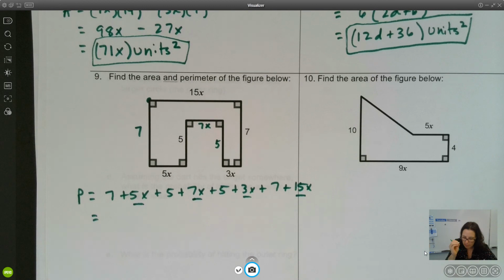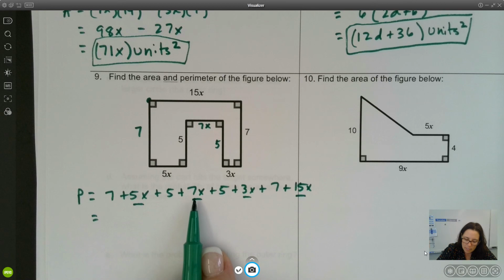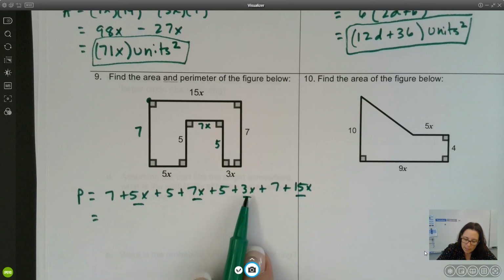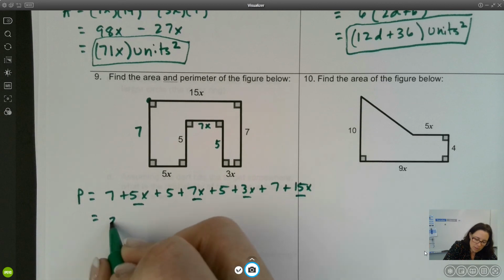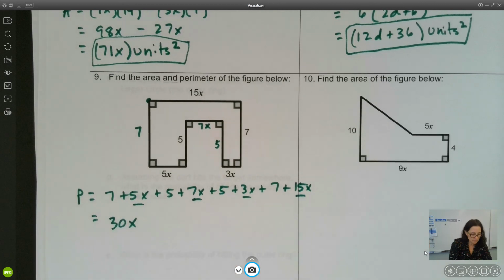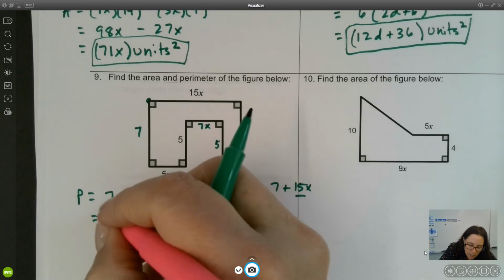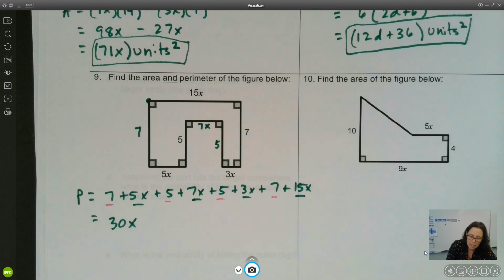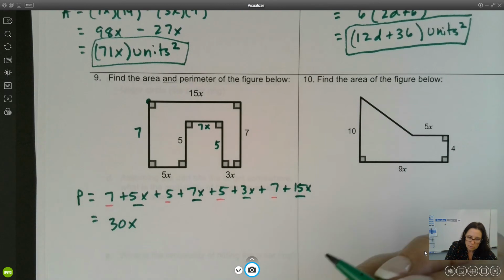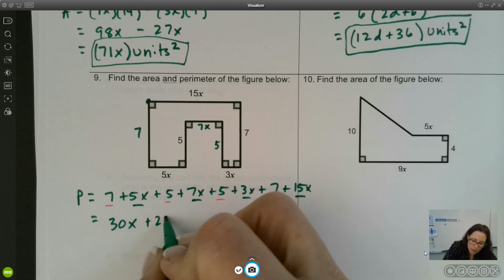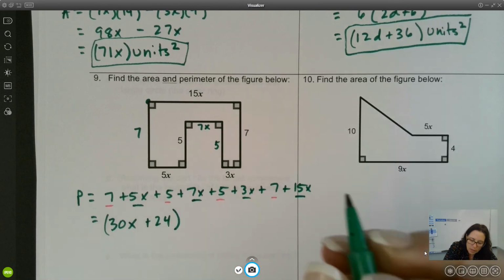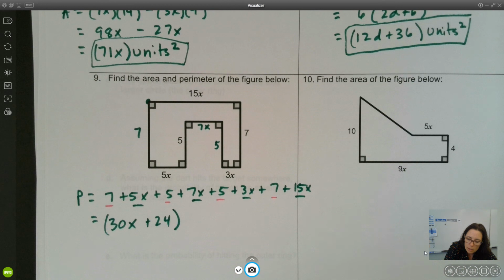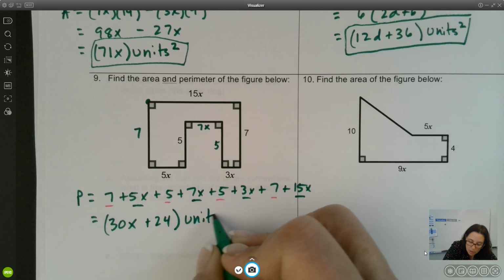Let's combine like terms and make this as tight as possible. So we've got 5x and 7x, that's 12x, plus another 3x is 15x, plus another 15x. I'm getting 30x. Okay, and let's underline the constant terms. 7, 5, 5, and 7. 12 and 12, 24. Parentheses around the whole thing, and we are in some sort of units.